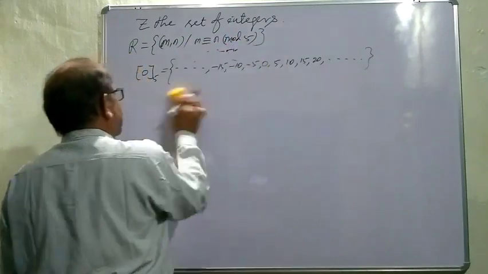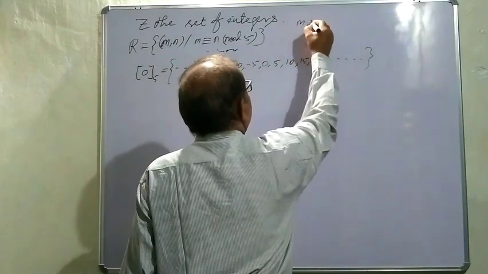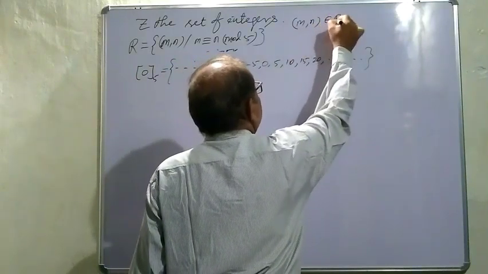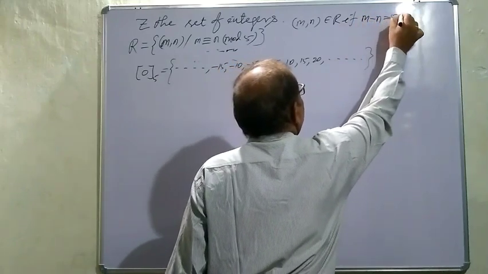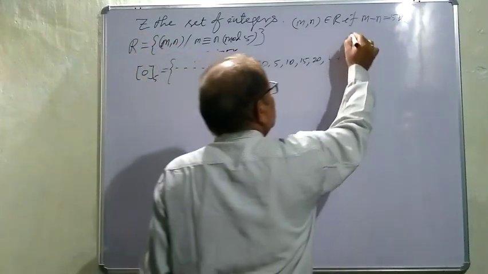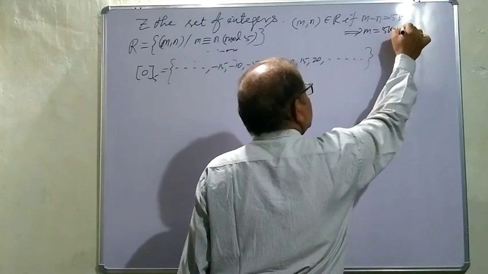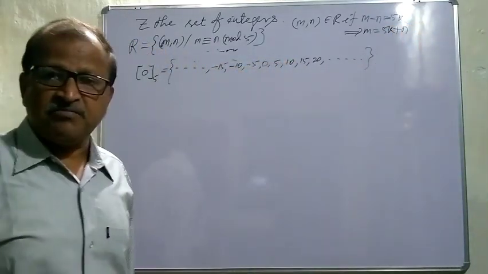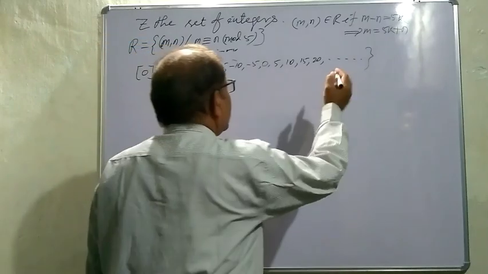M will be related to n if m minus n is equal to 5k. So m is equal to 5k plus n. Suppose our n is 1.